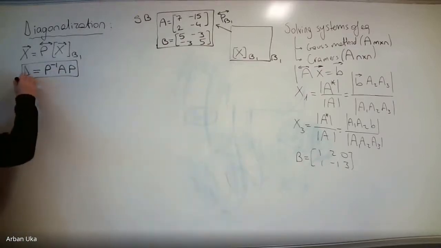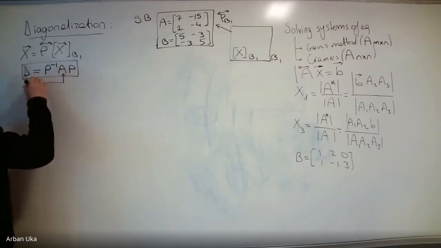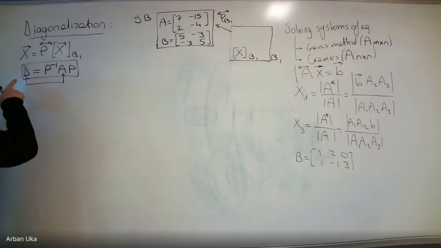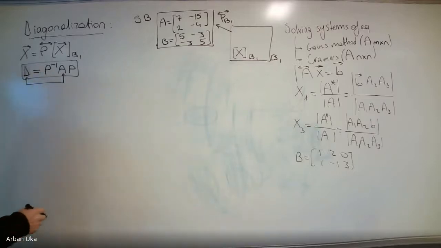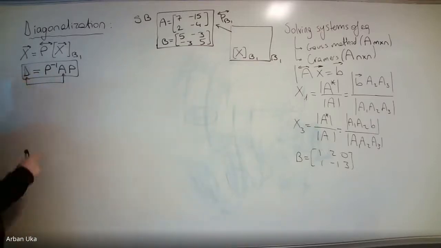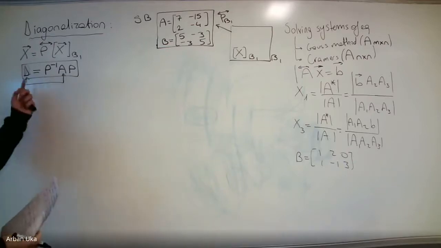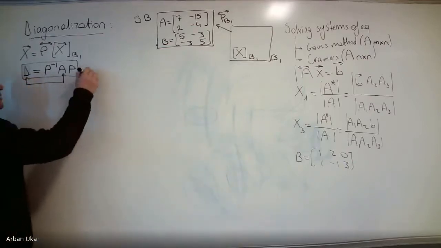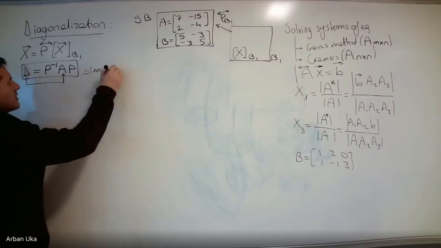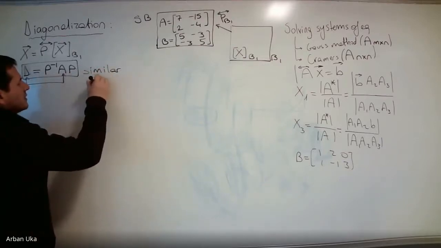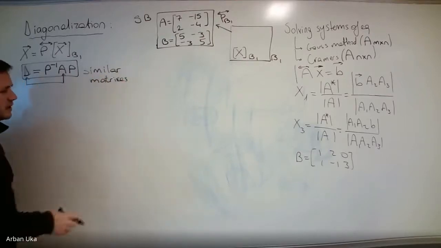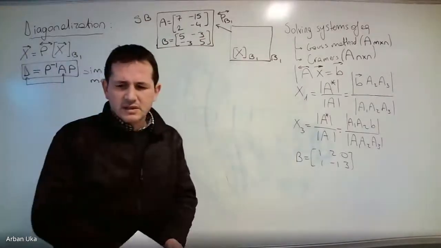This linear transformation can be described using the matrix A in the standard basis and matrix D in the new basis. Any two matrices which can be written using such a relationship are called similar matrices.